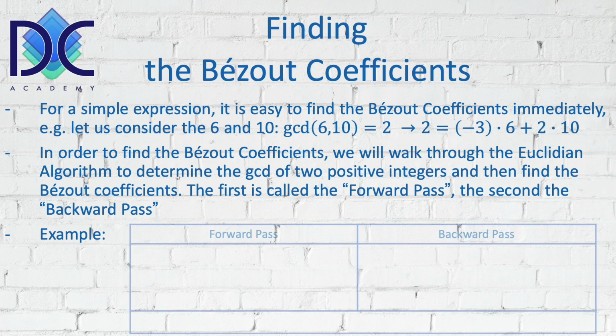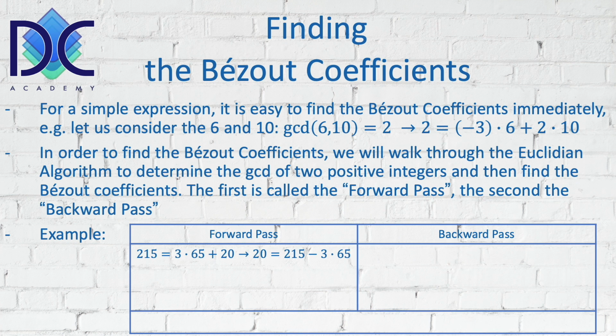Now, let's have an example, and we look at a forward pass. We have the greatest common divisor of 215 and 65. We can say here that 215 is the quotient 3 times 65, plus the remainder 20. Based on this, I can say that the remainder 20 is equal to 215 minus 3 times 65.